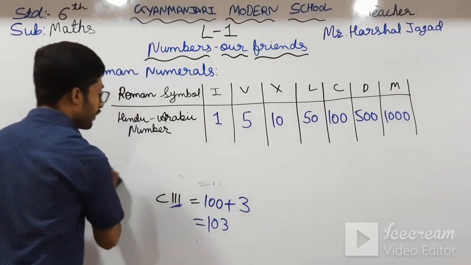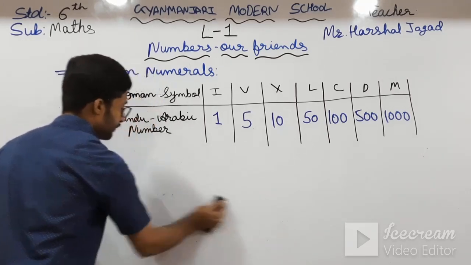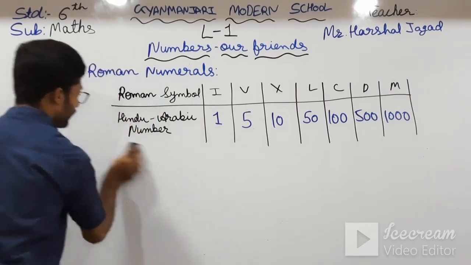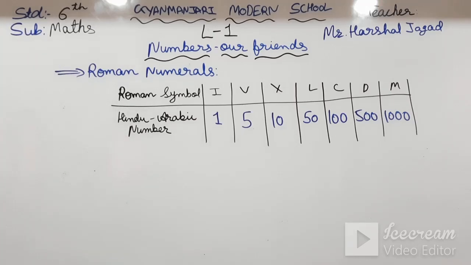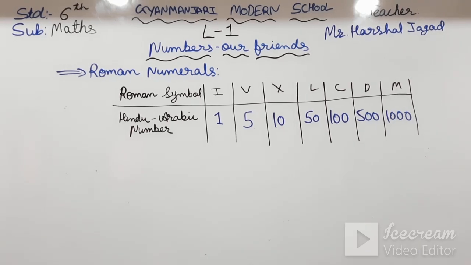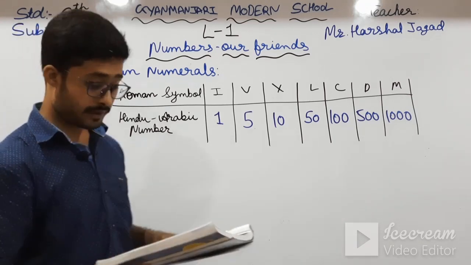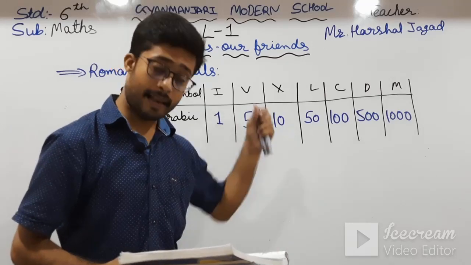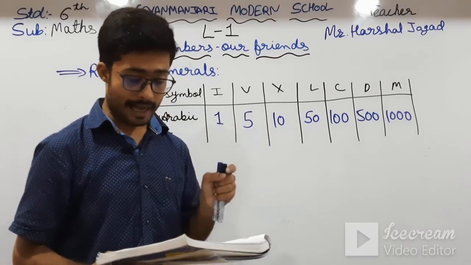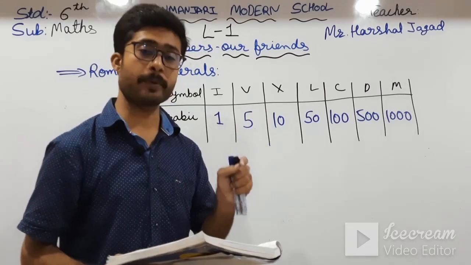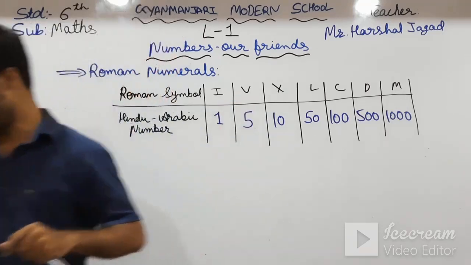What is the rule number 5? Let us see that, students. So students, the next rule number 5. If a symbol with smaller value is written on the left hand side of a larger value, then its value is subtracted from it. How, students?